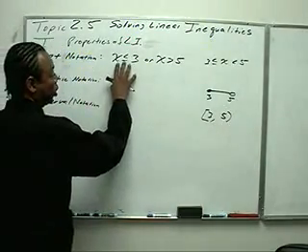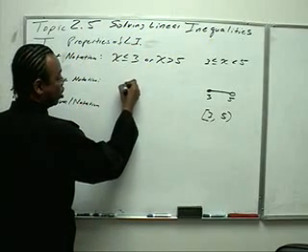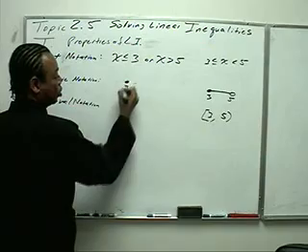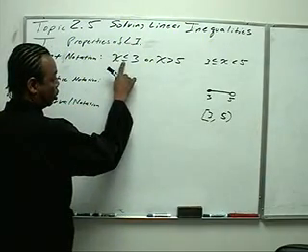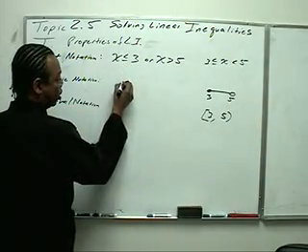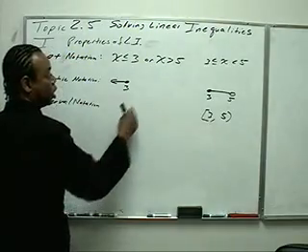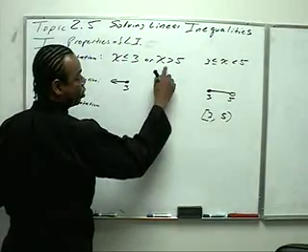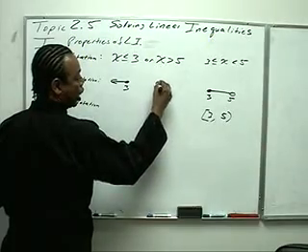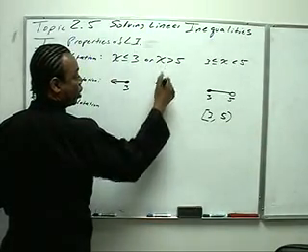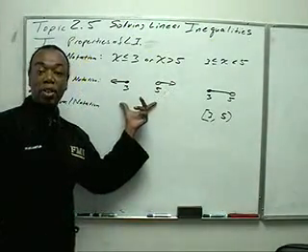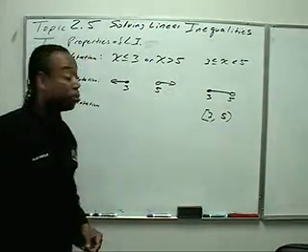You graph them individually. This piece would be 3 closed, and since it's less than, it'll go to the left. This side right here will be a 5, we'll have 5. There's no equal sign, so open. X is greater than, this will go to the right. Okay. So you just write both pieces individually, and that's it.